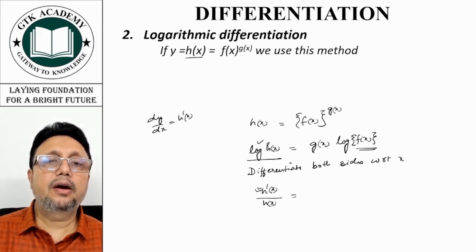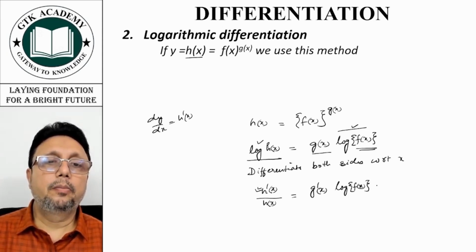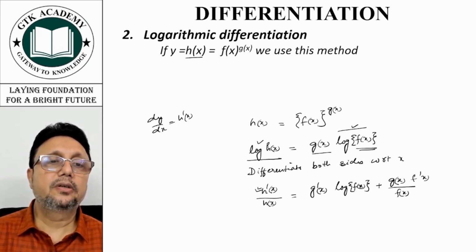Now here you have on the right side a product of this and this one is a composite function. So first you differentiate g dash x log f(x) plus g(x) upon f(x) into f dash x.